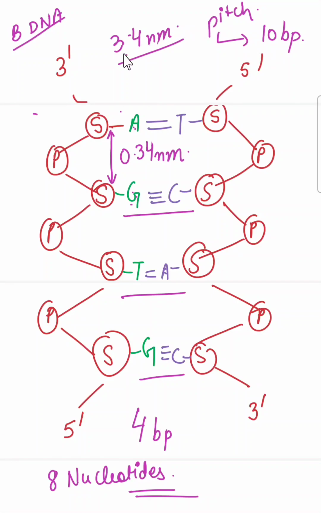The pitch of the DNA is 3.4 nanometer with 10 base pairs, and the distance between two consecutive base pairs is 0.34 nanometer. The two strands are anti-parallel with each other: 3 prime, 5 prime, 5 prime and 3 prime. That also provides stability to my DNA. So I hope the concept is clear to everyone. All the best.